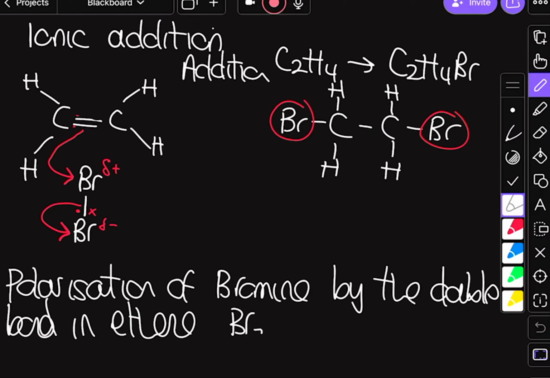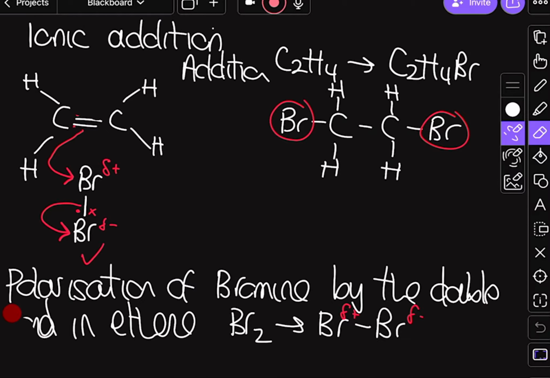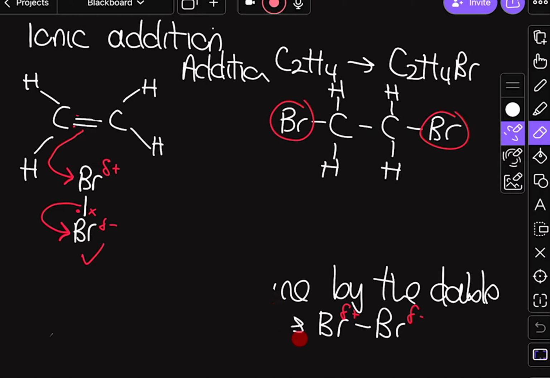So originally the Br2 becomes a Br with a delta positive and a Br with a delta negative. So we show that in our diagram here. So that's already shown. So that's not the end of the world if you don't write that down, because you've shown it in your diagrams. So that is the first sentence.